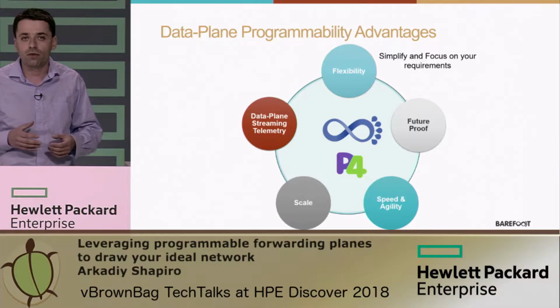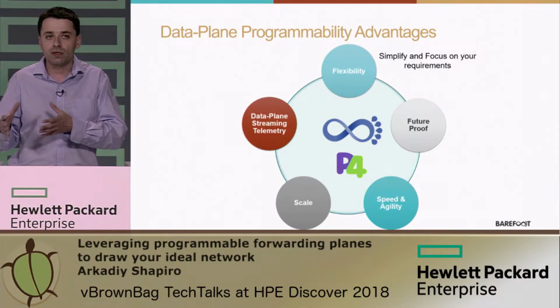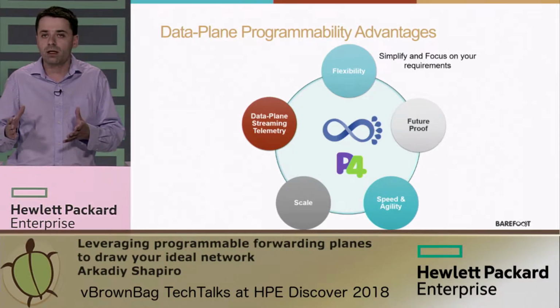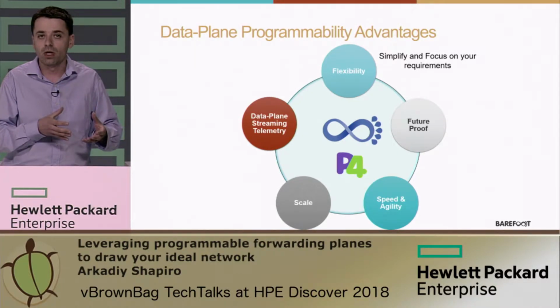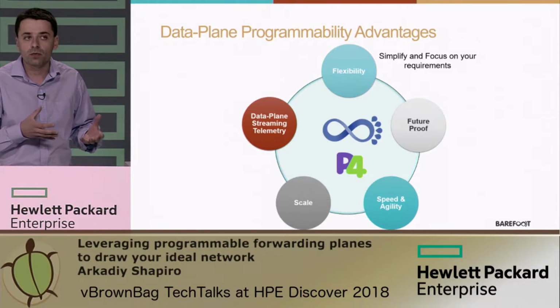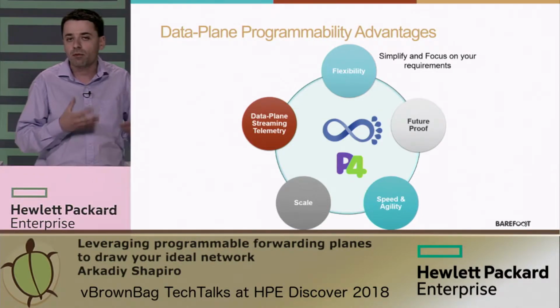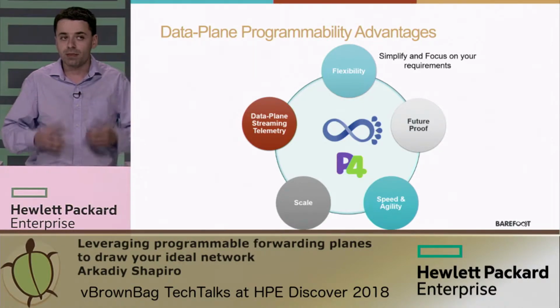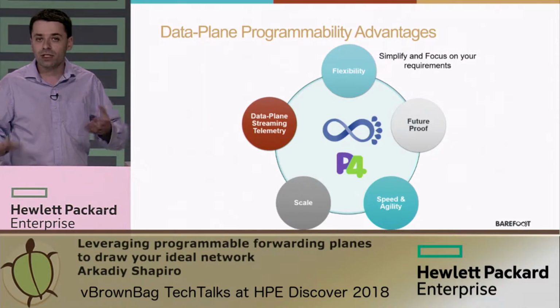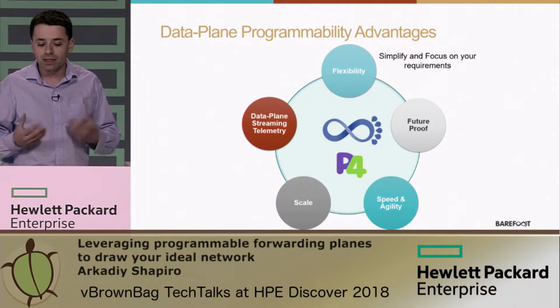So for example, if you've moved towards an all IPv6 network, why should you be taking up space in the silicon for IPv4 programming? Right? So with the programmable data planes from Barefoot Networks, you can actually do those types of things. So this is about taking the canvas and redrawing the canvas. And in this case, we're doing that using an open source language called P4, which I'll touch on a little bit later.